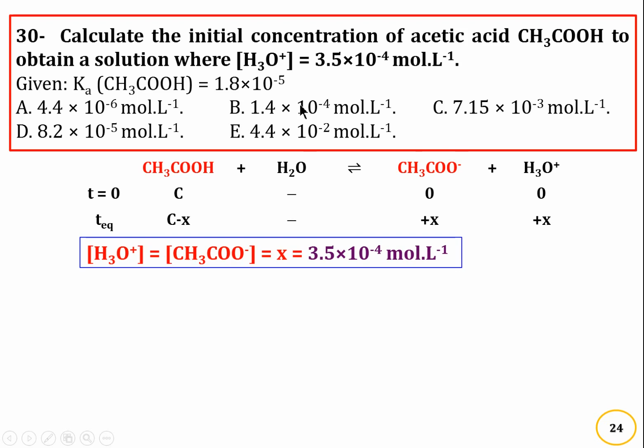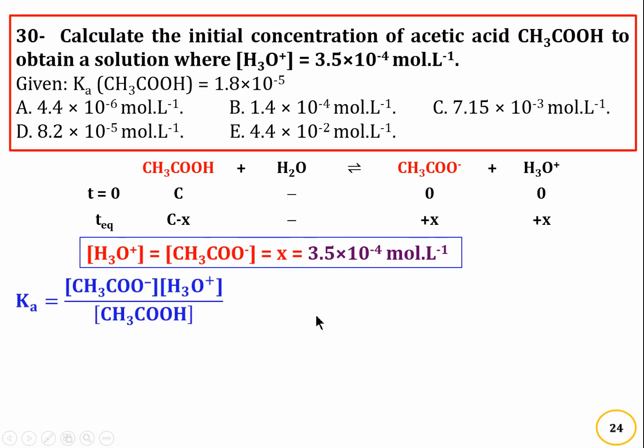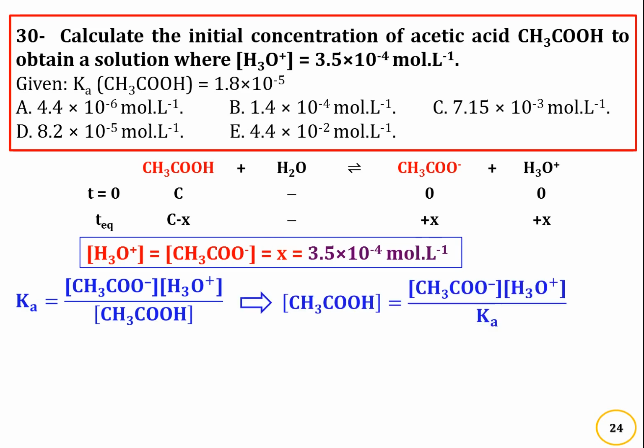The concentration of H3O+ at equilibrium is equal to 3.5 times 10 to the minus 4. So H3O+ equals acetate equals x equals this value.